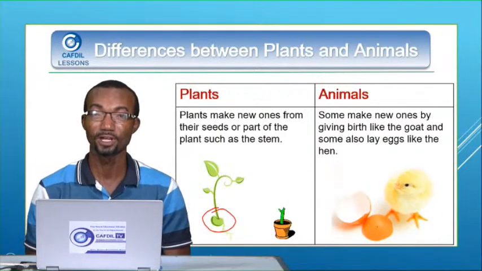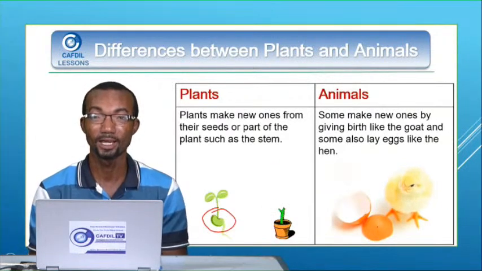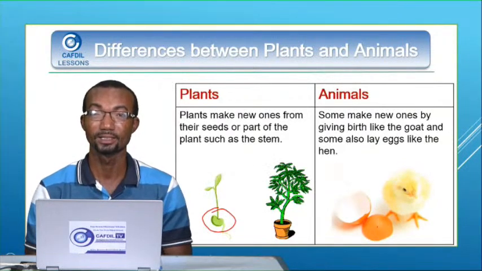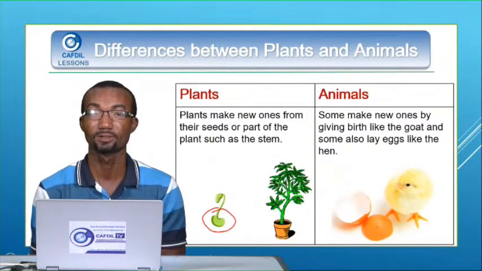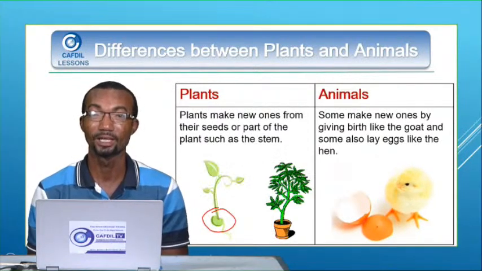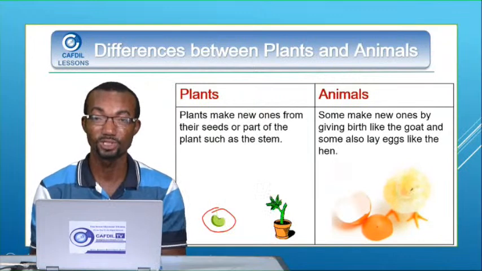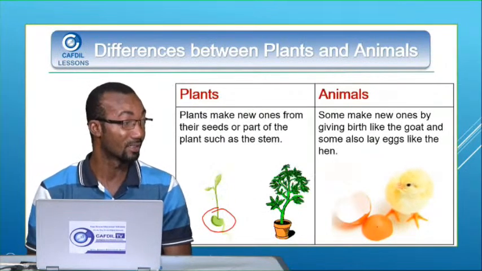So if you have a small poultry farm at home, I believe that when your hen lay eggs, at a point in time, the hen will just sit on the eggs for some period of time, and after some period of time, the hen will hatch the eggs into beautiful chicks, as you see on the screen.